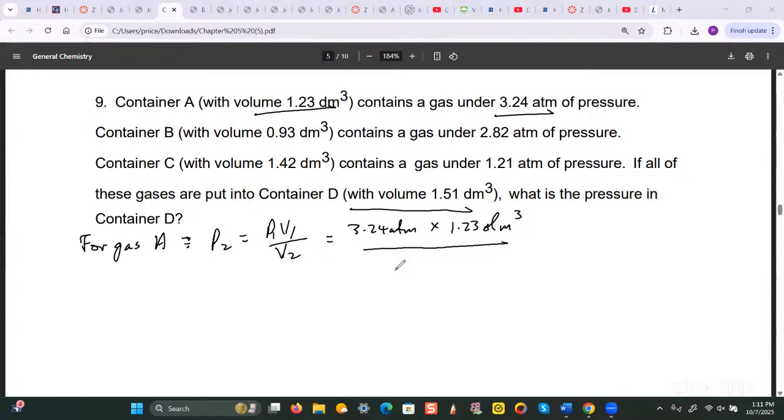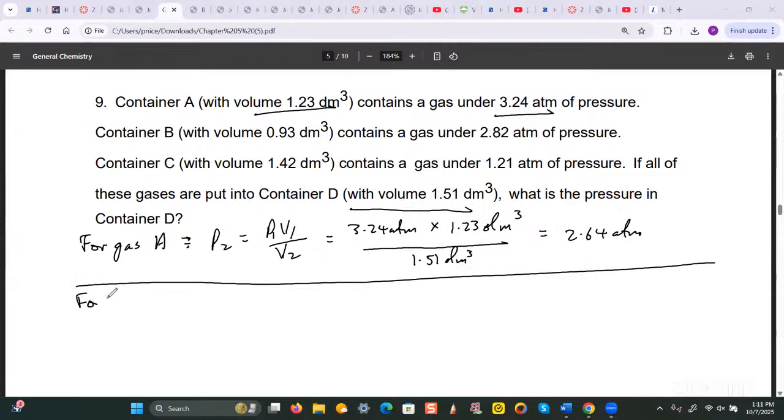What's the final volume? 1.51 dm³, exactly. So 3.24 times 1.23, and then divided by 1.51. According to my calculation, rounded to 3 sig figs, the final pressure is 2.64 atmospheres. So that's for gas A.